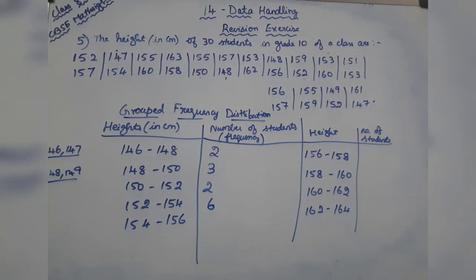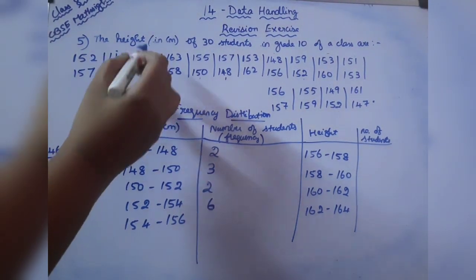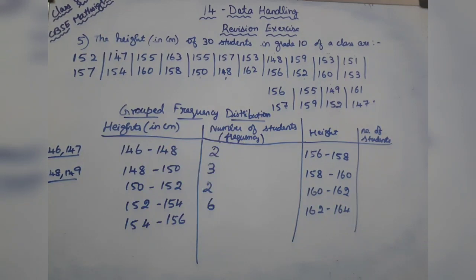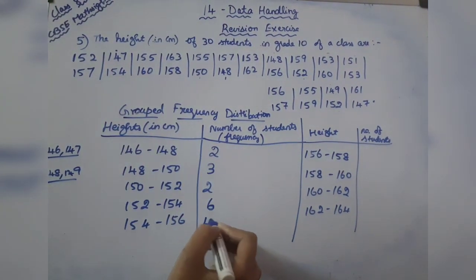Next 154 to 156, which is 154 and 155. Here we have 1, 2, 3, 4, so totally 4 values.